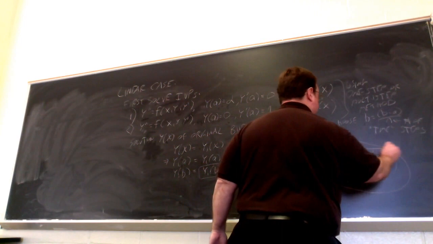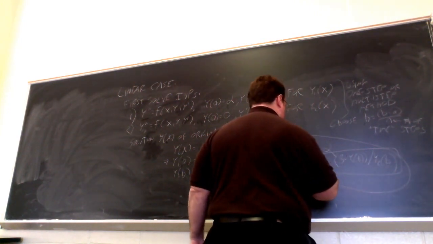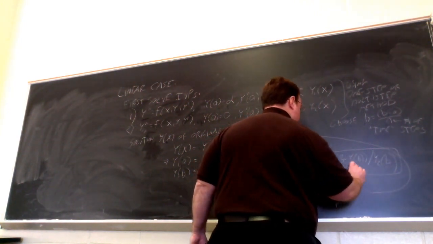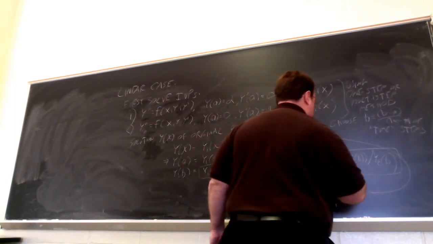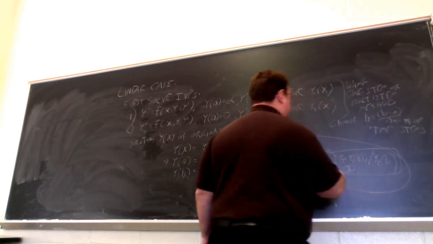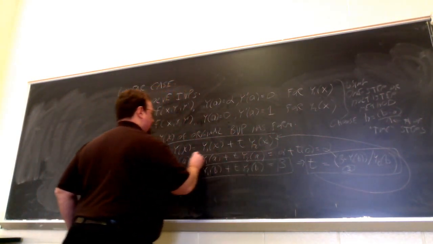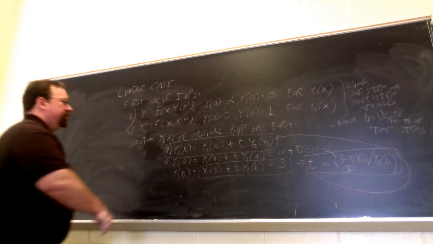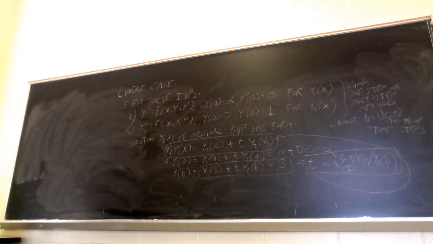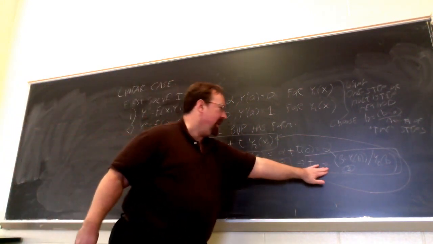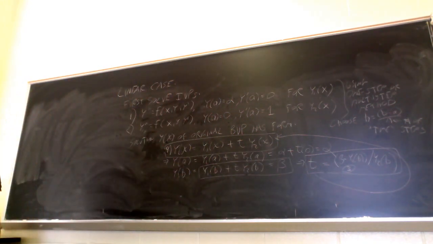I will label this as step 3, the third step, which you'll be able to carry out once you've done these first two things. And then that's your fourth and final step, because now you have your t value and you can say what the solution is. So in terms of code for the shooting method for a linear boundary value problem, bang, bang, bang, bang, done. Nothing to it, right?